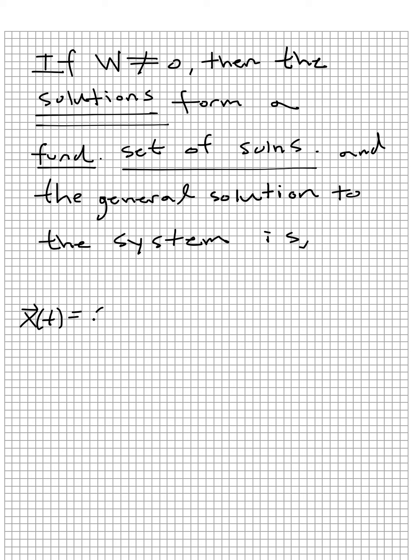This will equal C1 x1 of t, plus C2 x2 of t, plus Cn xn of t. There we have it. That's the key important second feature.